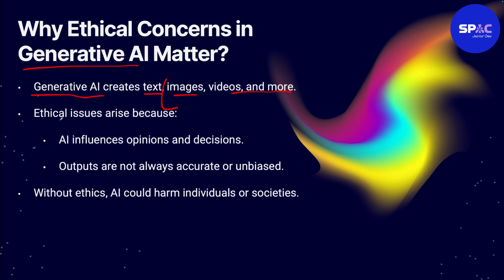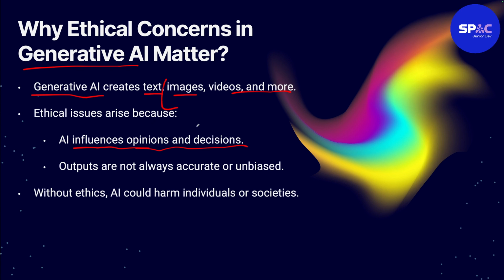Ethical issues could arise if AI influences opinion and decisions. People can use AI applications to influence people's opinion and decisions, maybe like some social media posts. So we have to make sure that what people use AI to create and share with others is actually accurate, because those content can influence people's opinion and decision, even in elections.